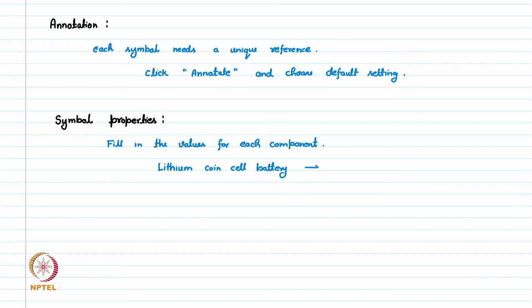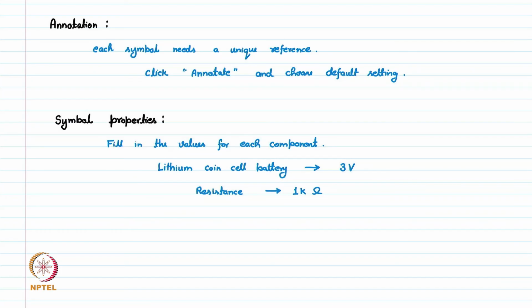This is the battery we used in our schematic. We want to specify a value of 3 volt to this battery. The resistance we want to change to 1 kilo ohm, and the LED has its own properties.